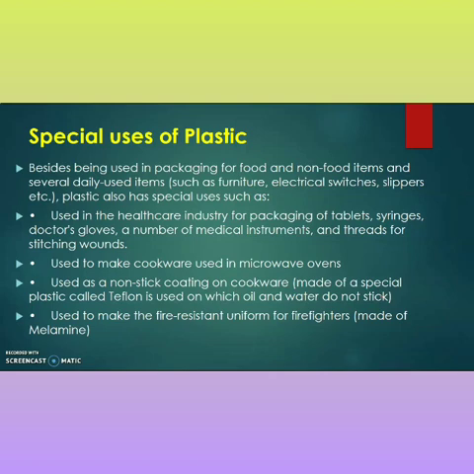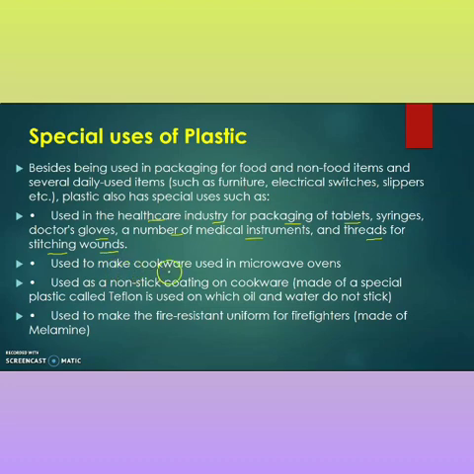Special uses of plastics. Besides being used in packing for food and non-food items, several daily used items such as furniture, electrical switches and sleepers are made of plastic. Plastic has special uses in the healthcare industry for packing of tablets, syringes, doctor gloves, a number of medical instruments and thread for stitching wounds.